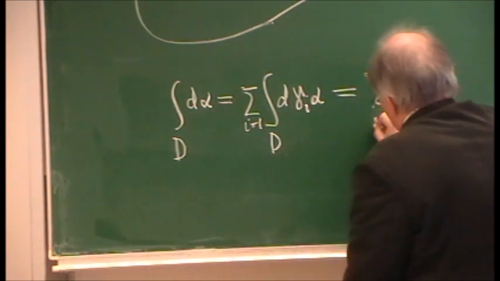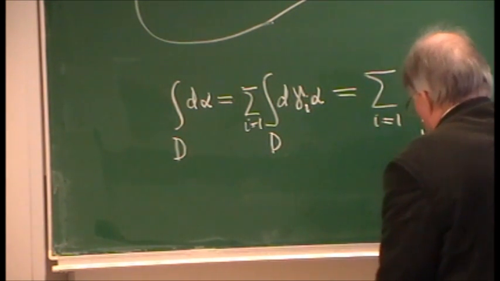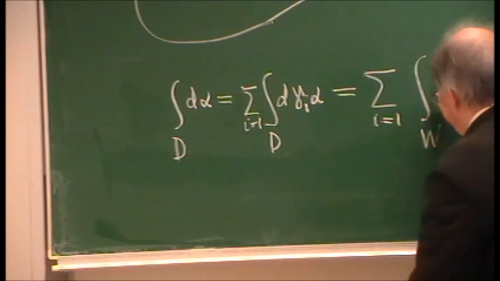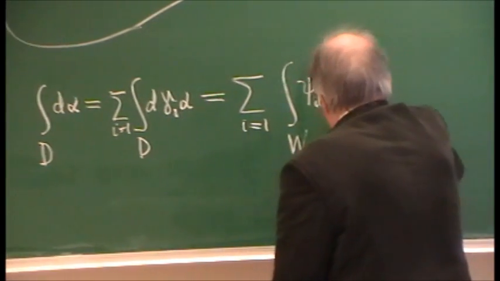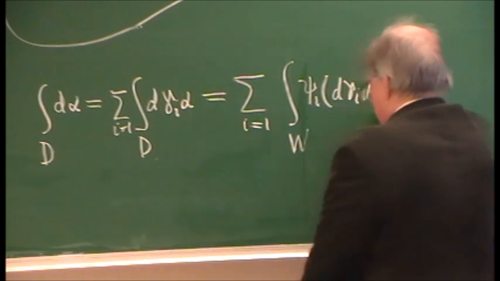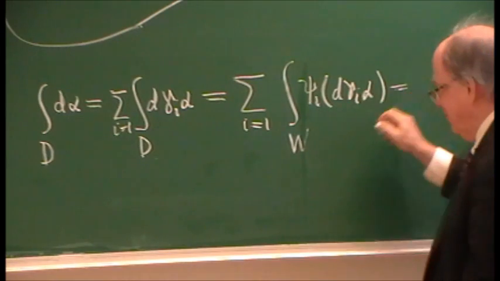So sum over I, integral over the cube Ci of D of gamma I alpha equals, so far everybody's happy.